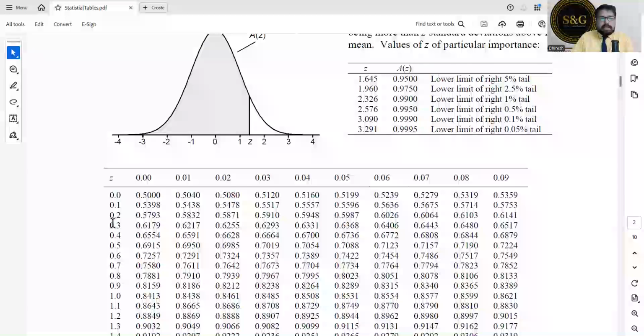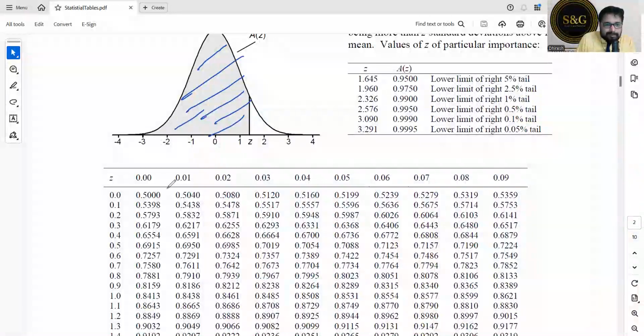Okay. So all these numbers are nothing but the area under the curve. For example, look at this. Just try to understand the basics. Now this shaded area is calculated on this number. For example, 0.5: if I put a value over here, the shaded area will be 50%.